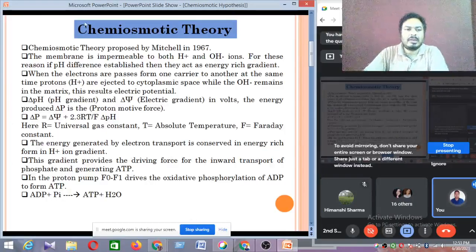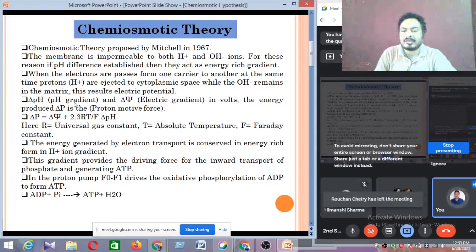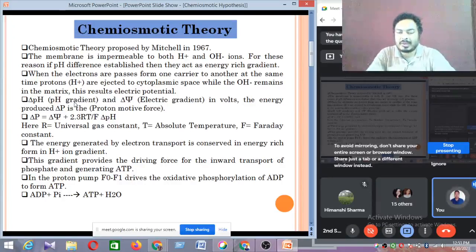Okay, now see, delta pH means what? This is the pH gradient. Why is the pH gradient formed? Because one side has negative charge, one side has positive charge. If the negative charges are more, that means what? Their pH is very high, and when the positive charges are more, their pH is very low, because when the H plus molecules get inside the perimembranous space, it becomes acidic in nature.